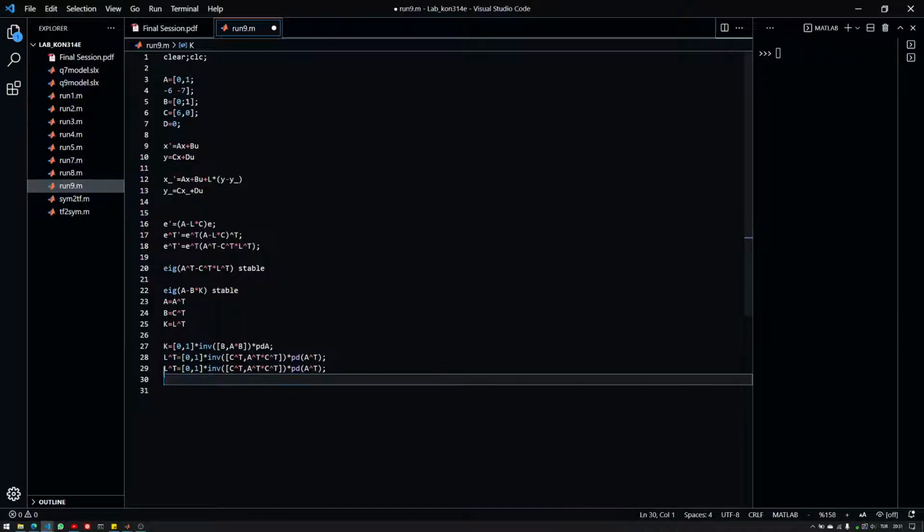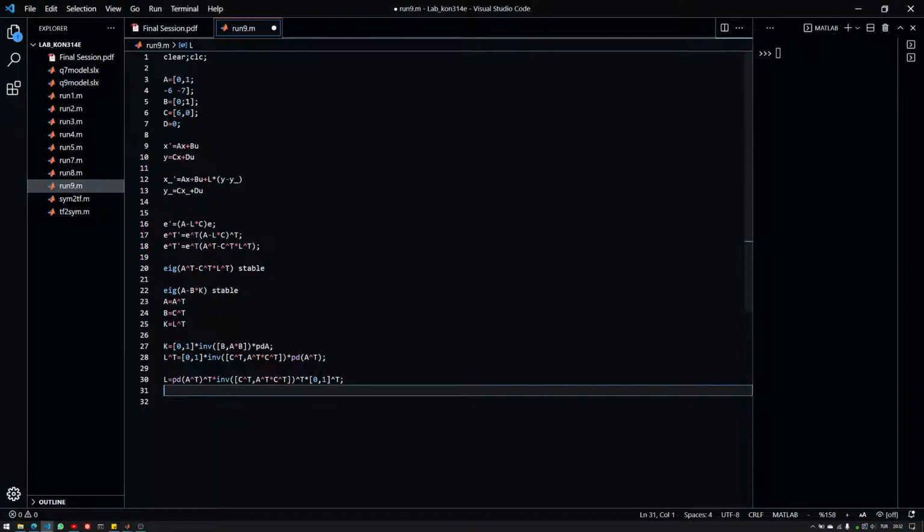So let's take the transpose of the whole equation, because we want to leave L on the left-hand side. Having taken the transpose of this, you should be careful, because this will move to the right, this will move to the left, and then there will be transpose all over these terms here.